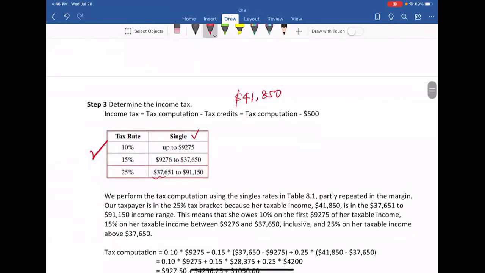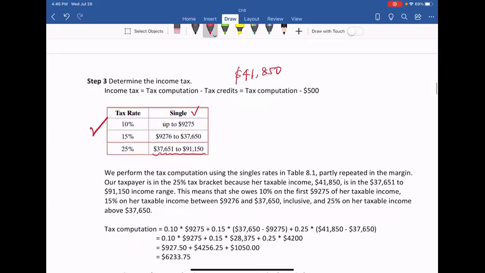Her income is in this range, so the tax she needs to pay is separated into three parts. The first part pays 10% of the income tax, the next part pays 15%, and the remaining part pays 25%.